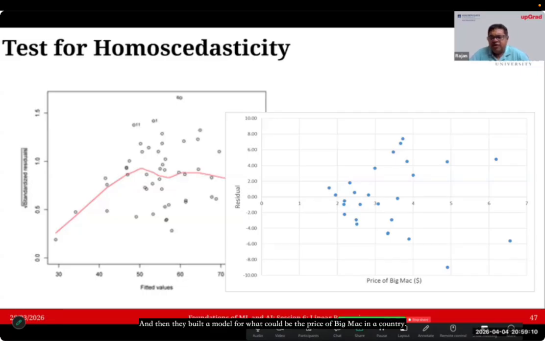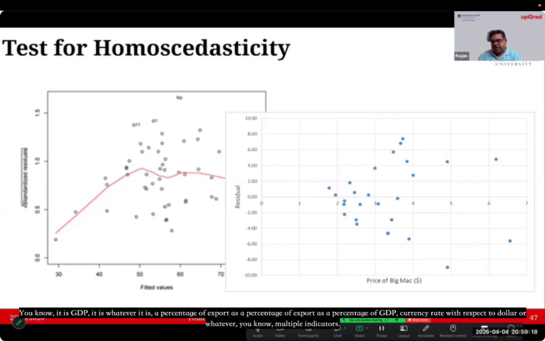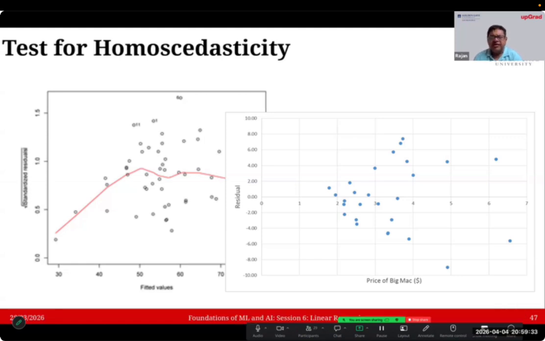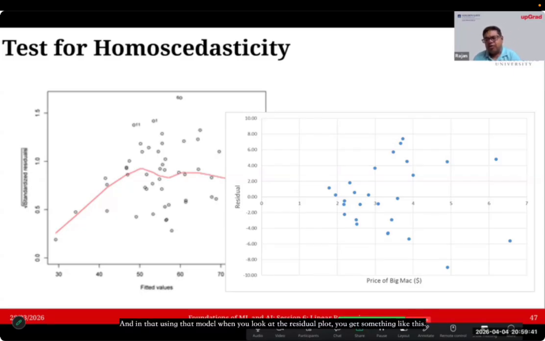Then they built a model for the price of Big Mac in a classification boundary in the feature space, like GDP or percentage of exports as a percent of GDP. Anything to the left, with multiple indicators, I will classify, and then build a model for the price of Big Mac.